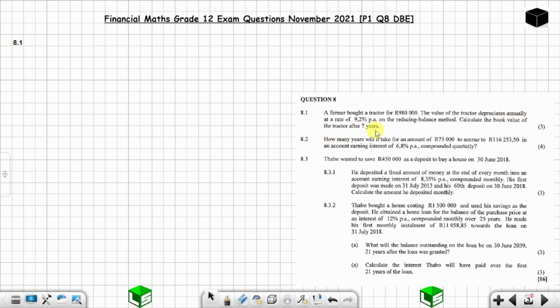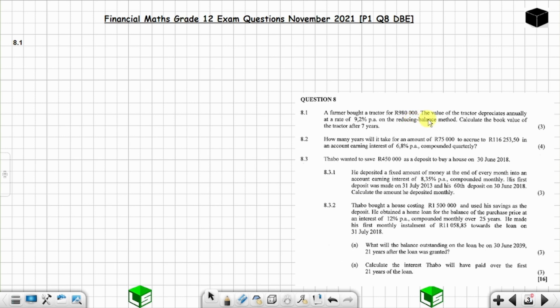When you read the question, you can see it says the value of the tractor depreciates annually, meaning the value of the tractor decreases. The interest rate is 9.2% per annum on the reducing balance method, so the value is reducing.